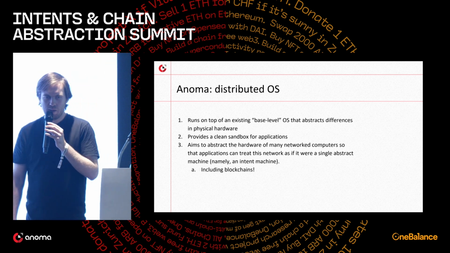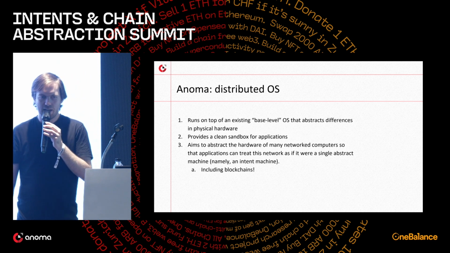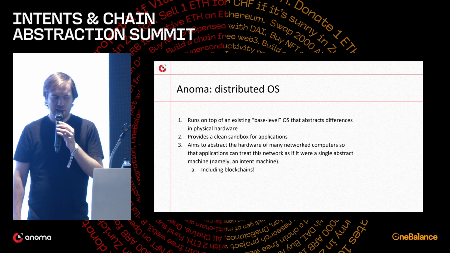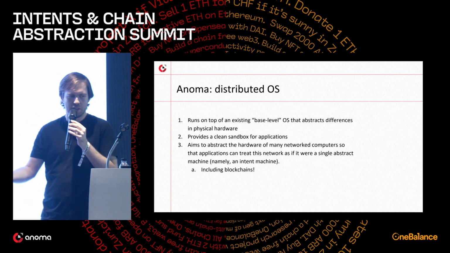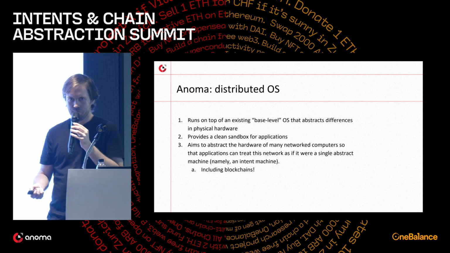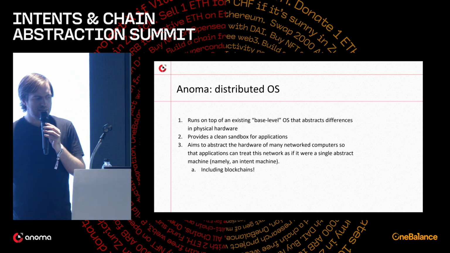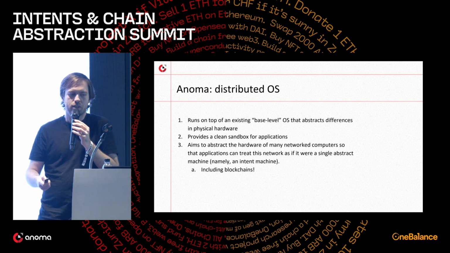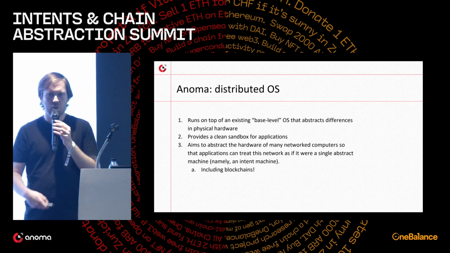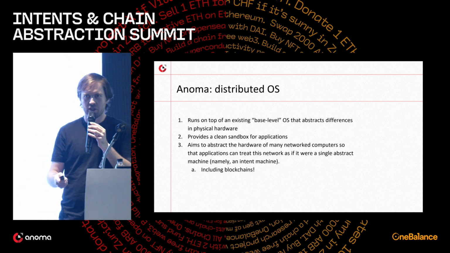So Anoma is an operating system in the same basic sense of this definition, but it has one very different component or conceptual feature, which is that it's distributed. Similar to the operating systems I discussed in the last slide, specifically similar to web browsers, Anoma runs on top of an existing base-level operating system that abstracts differences in physical hardware.